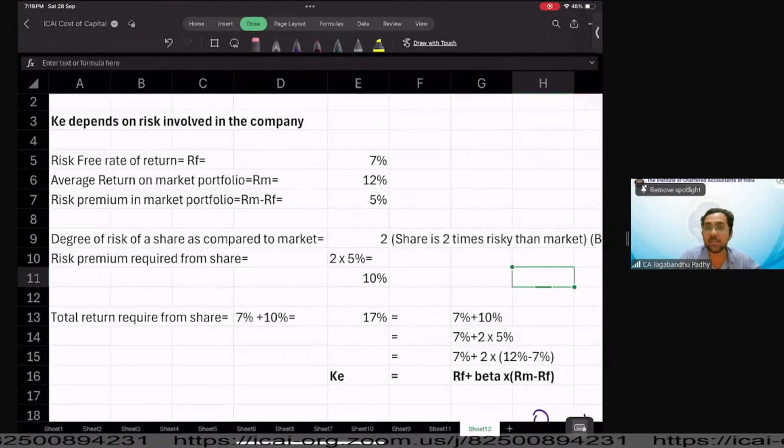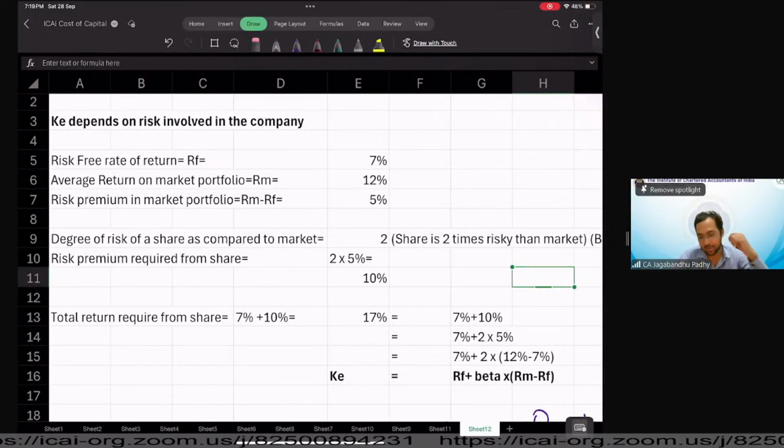Market risk remains 1 because in this calculation we have calculated market risk. Beta is a relative term. So as compared to the market, what is the risk of the security going to be? That's what is covered. Market beta is always 1.